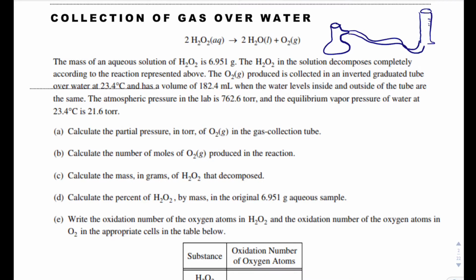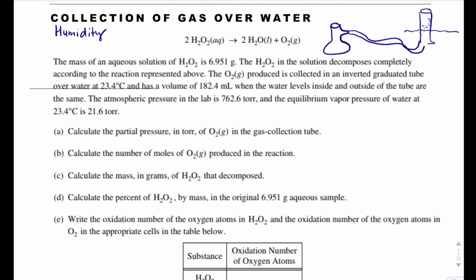It was in a sink, and we could read the volume of the gas. The problem is that there is humidity influencing the pressure. So let's go through this process.